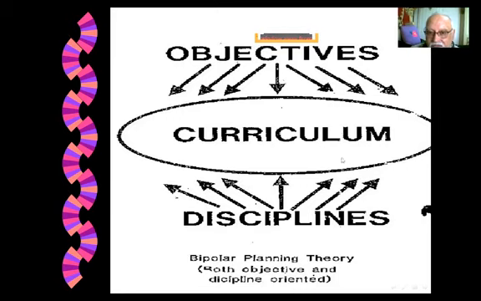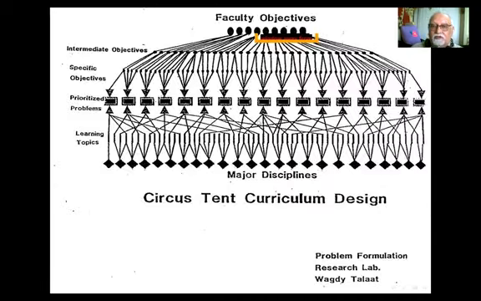It's just that we add up the syllabus of each of the departments from the discipline side, versus the integrated curricula that start by the objectives and from the objective side, like this.